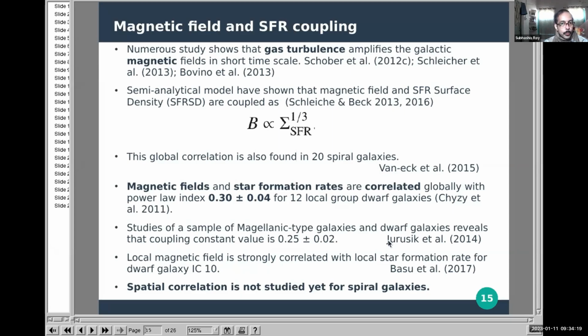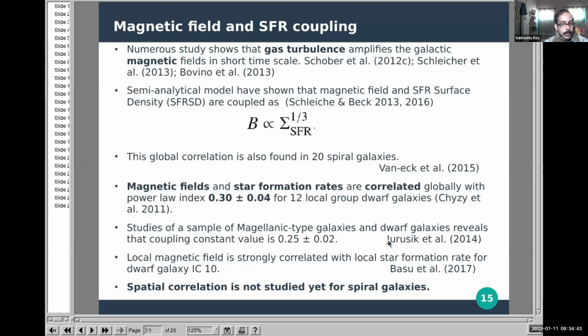This is not difficult to show because B is proportional to root rho if under equipartition of gas energy density and magnetic field energy. And you also have star formation rate surface density related to gas density through Kennicutt-Schmidt's law. So if you put them together, you would expect B is proportional to sigma to the power 1/3. Now this global correlation is also found in 20 spiral galaxies.